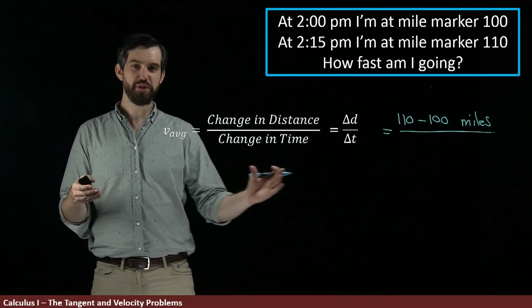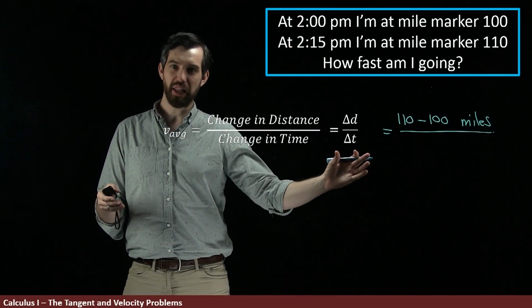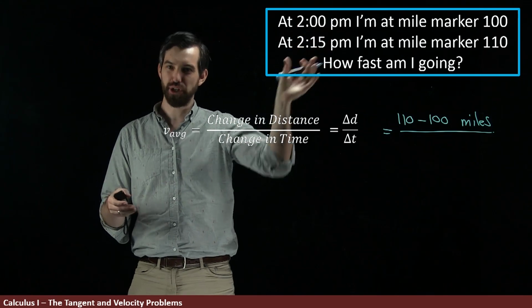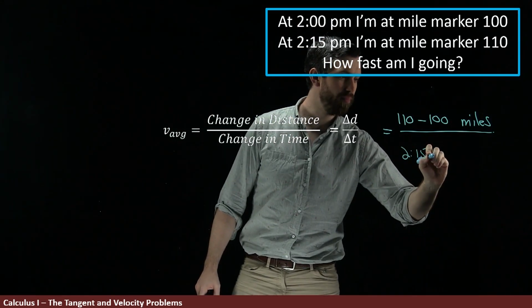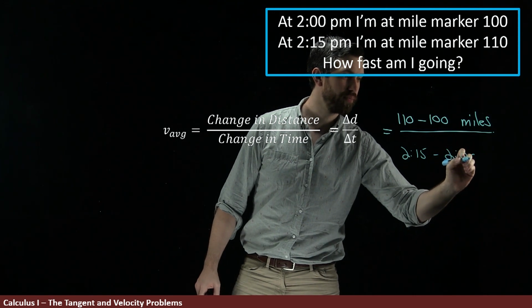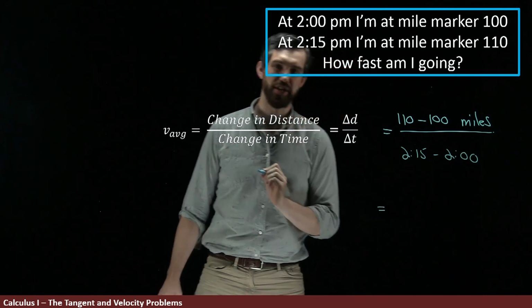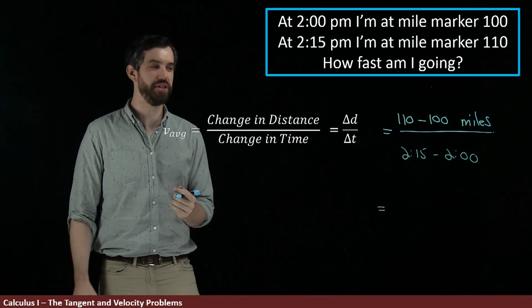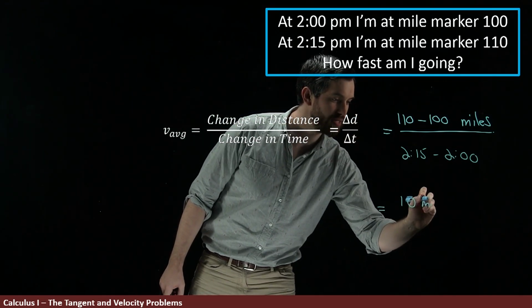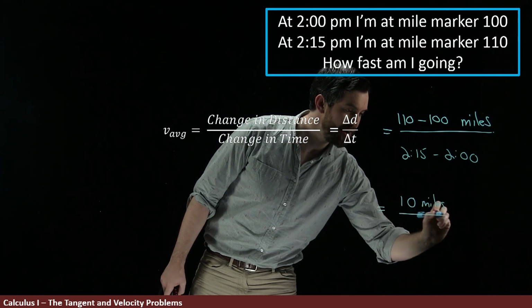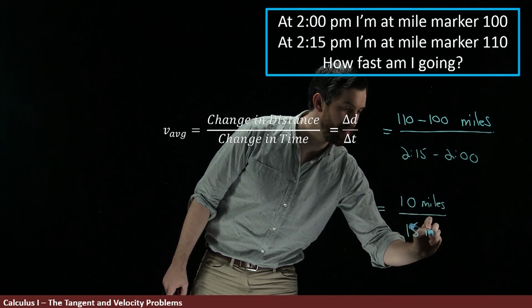And then if I want to investigate the change in time, well, I've gone from 2 o'clock to 2:15, so I'm going to write this as 2:15 minus 2 o'clock. I'm sort of abusing my notation here a little bit, but I can do this computation to say that the difference here is going to be 10 miles divided out by 15 minutes.